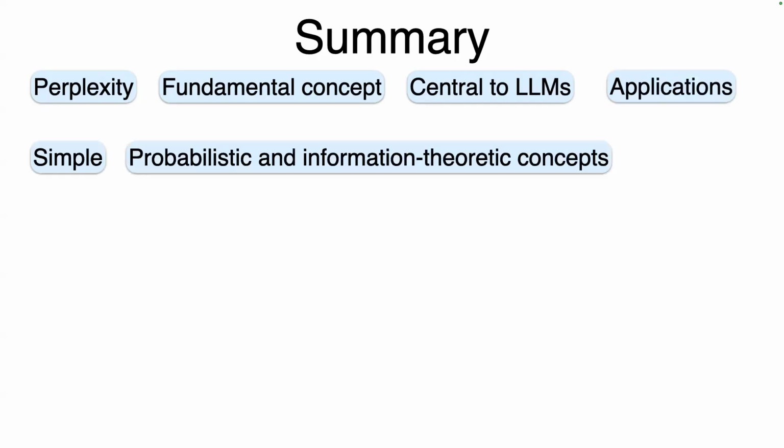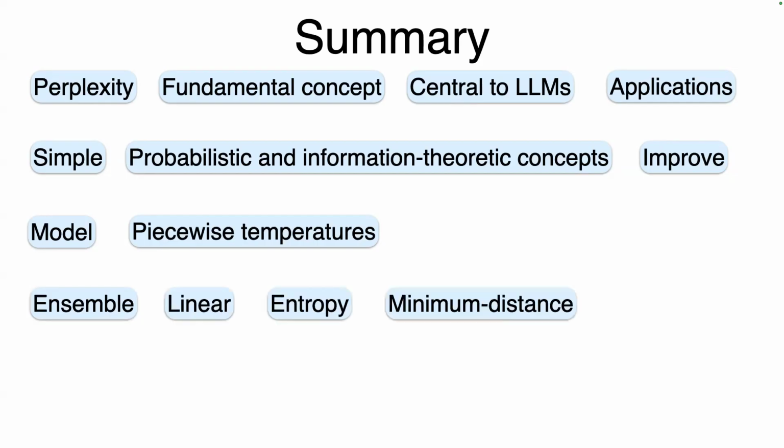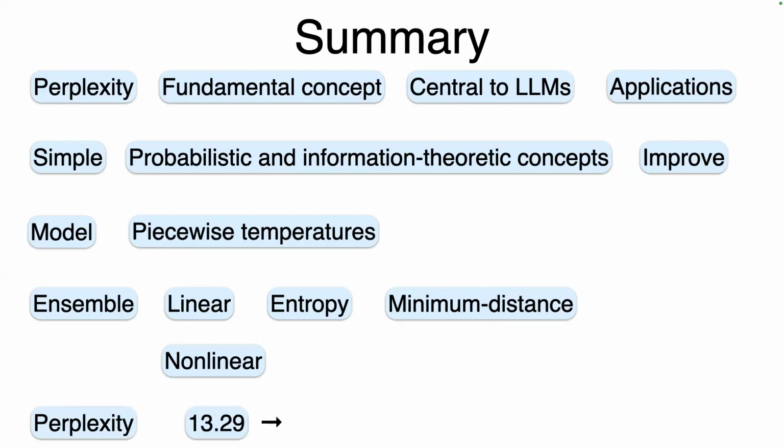And we saw some simple probabilistic and information-theoretic concepts that help improve it. For model improvement, we did piecewise temperatures. For ensembles, we looked at linear combinations using entropy and minimum distance, and also nonlinear ones. And we showed that we can reduce the perplexity from 13.9 to 12.39.